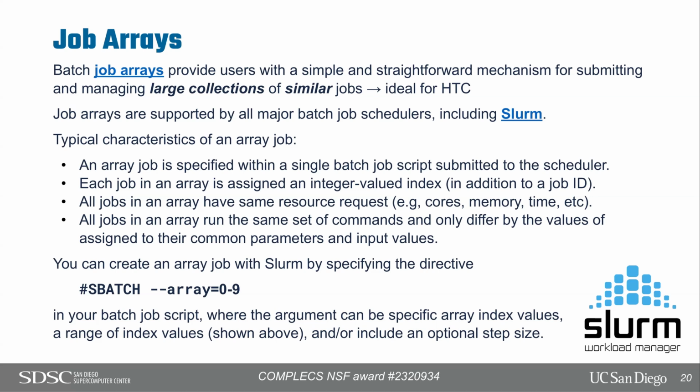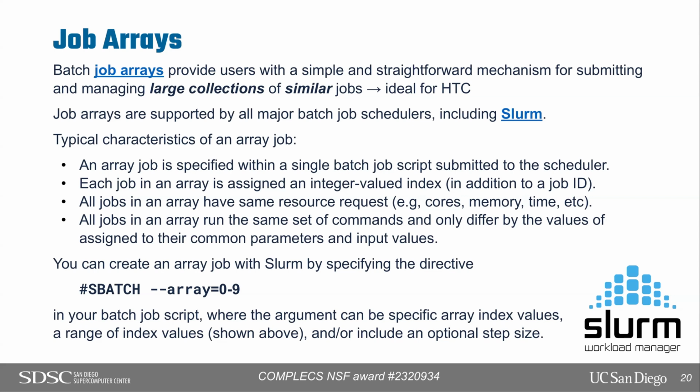Now, for Slurm specifically, how you create an array job is by simply adding this sbatch array directive to your job script, right? That's all you have to do. And the value that you can provide here, I'm showing the argument as 0 through 9. So this is showing a range of index values that I want to assign.